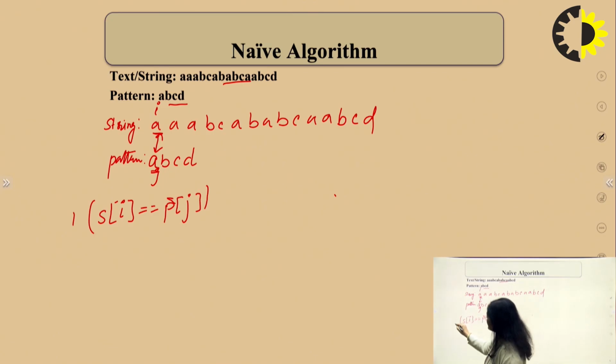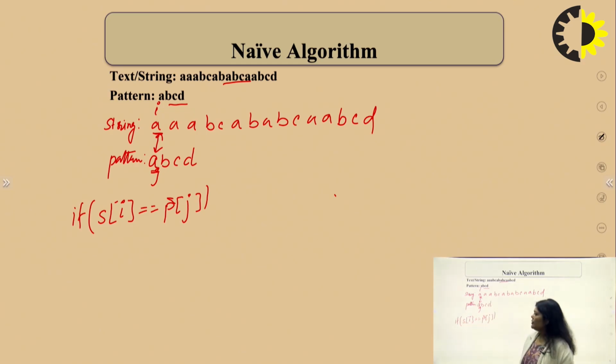So this is the condition that I'm checking here. I'm assuming here that S is the array which consists of the string or the text, and P is the array which is storing the pattern inside it, right? So I'm going to match character by character from the string and the pattern.